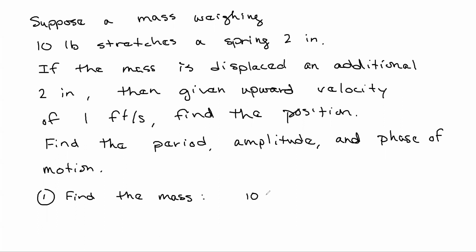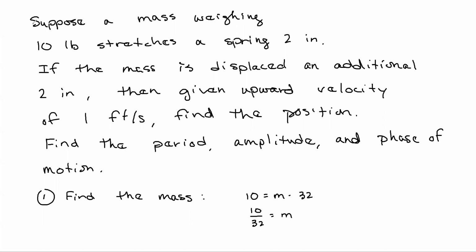So we have 10 equals the mass times 32 feet per second squared. And so we're going to get 10 over 32 equals the mass, which we're just going to leave like that. We could go through and reduce that, but we're just going to leave it.